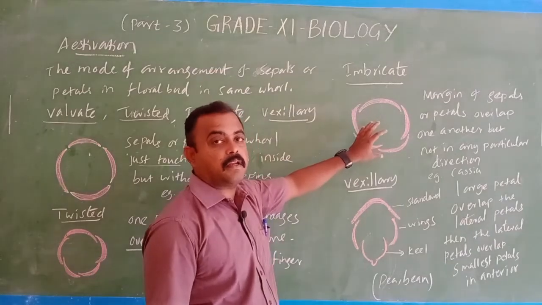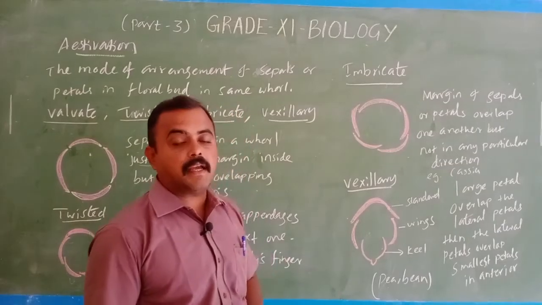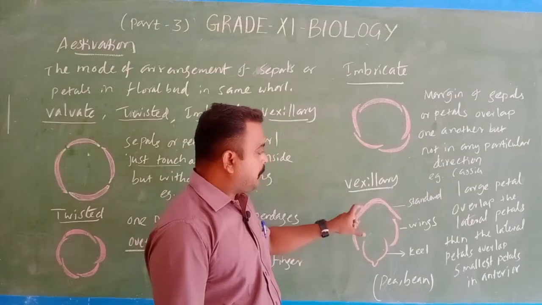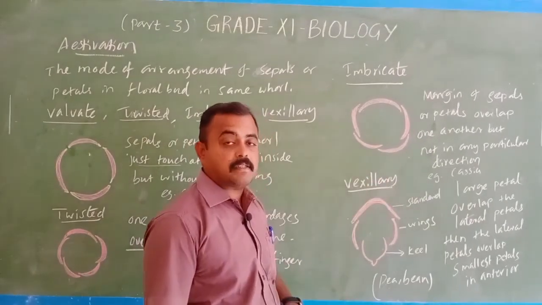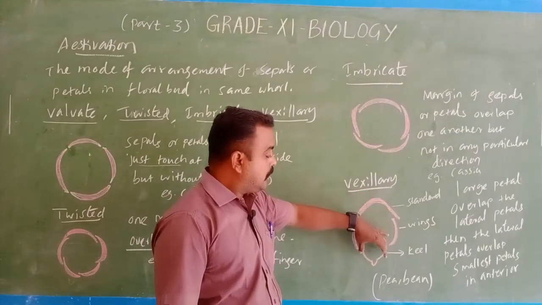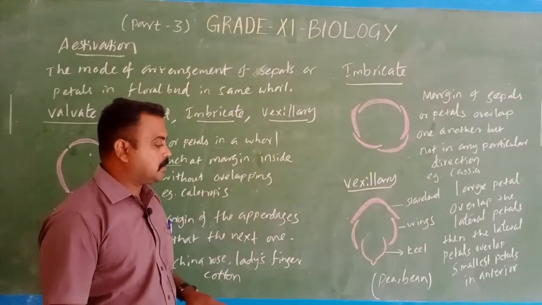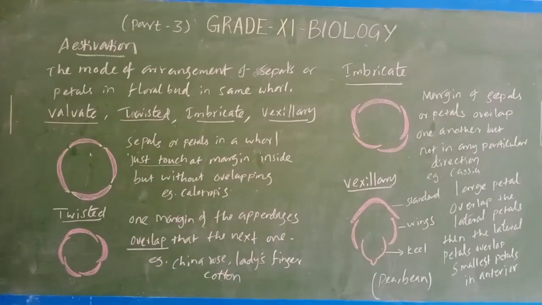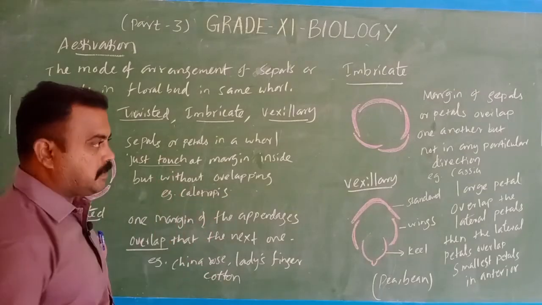In vexillary, we have one standard petal, lateral petals and small petals. The large one overlaps the two lateral petals, then the two lateral petals overlap the smallest petals in the anterior. Examples: pea, bean; for imbricate, cassia. So these are all the things about aestivation.